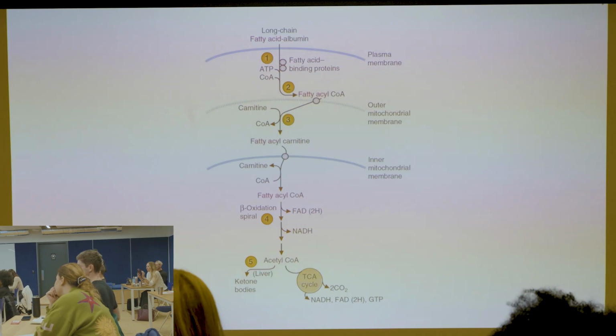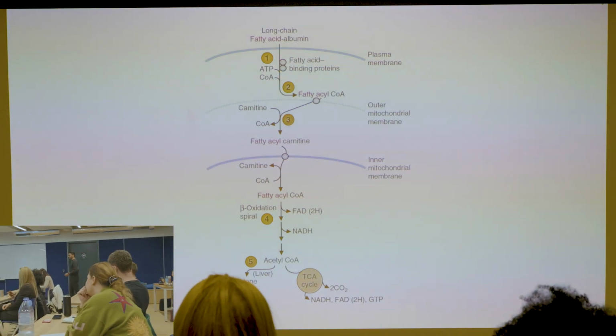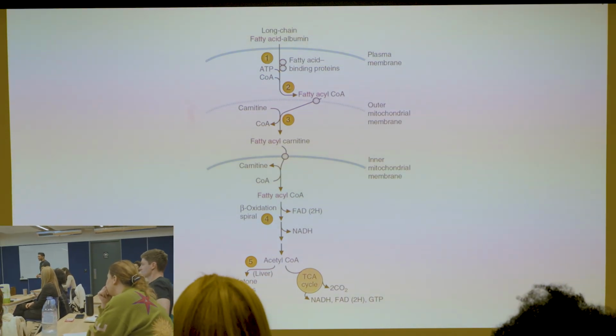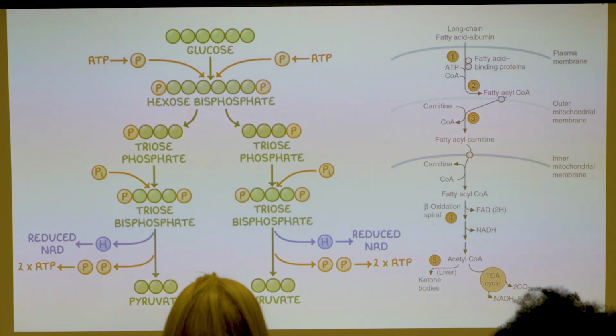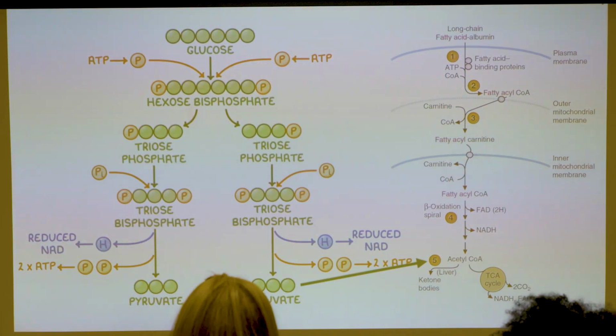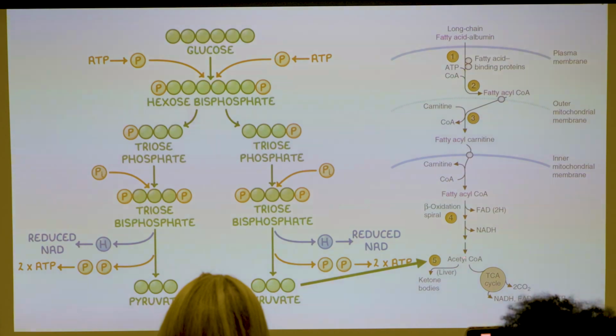I know it looks different because glucose went to pyruvate and this is going to acetyl-CoA, but what happens if you put them side by side? So the glucose only makes pyruvate so that the pyruvate can get converted into acetyl-CoA as well.